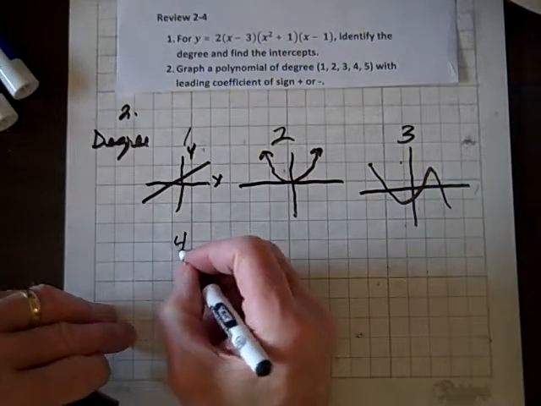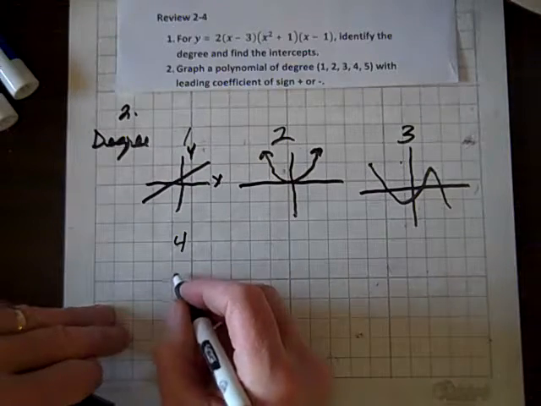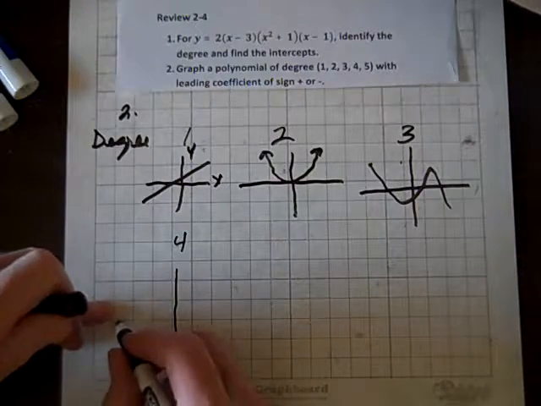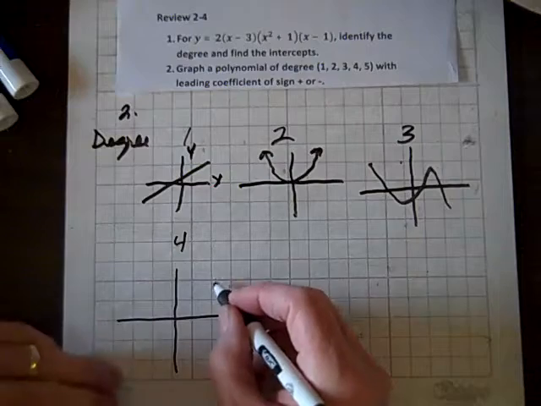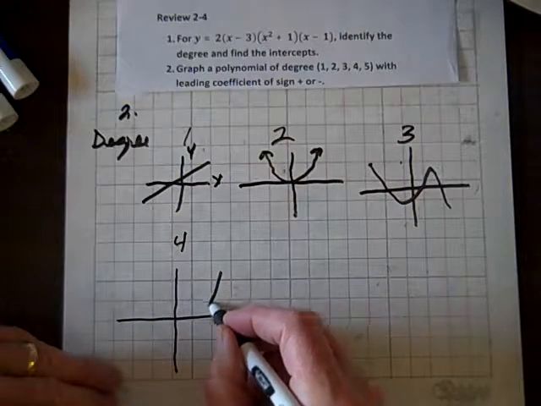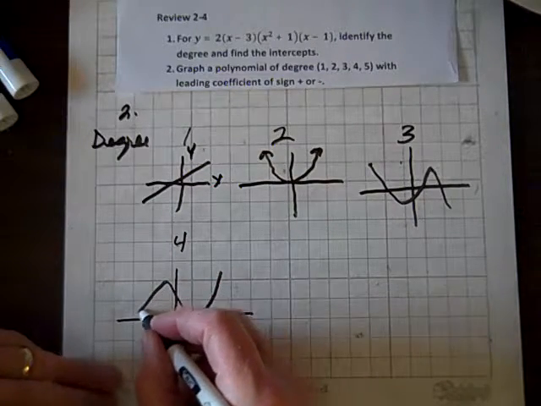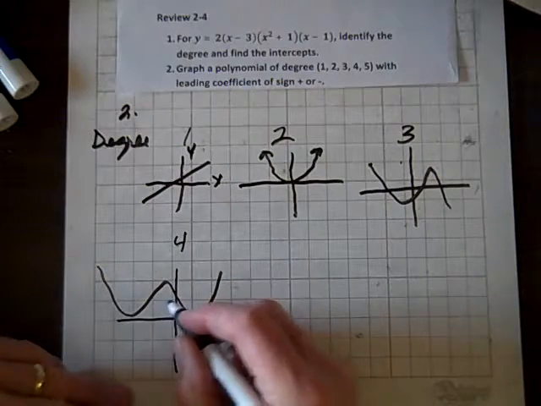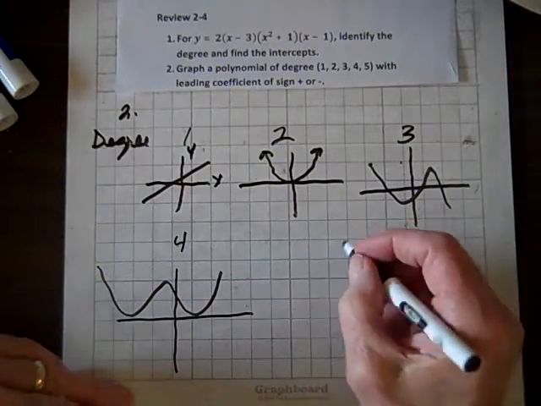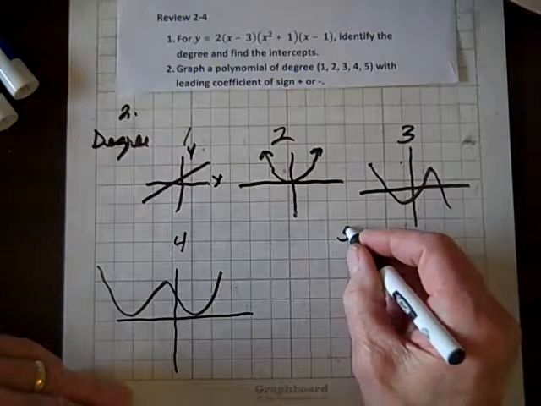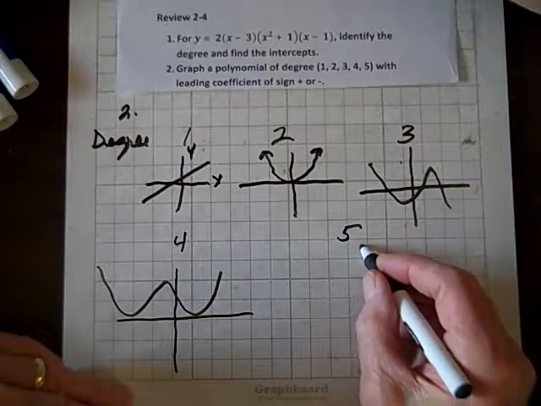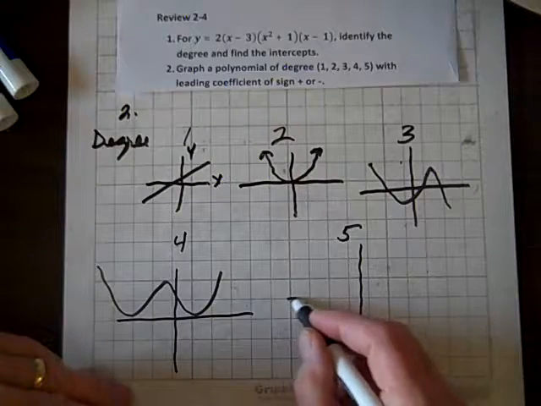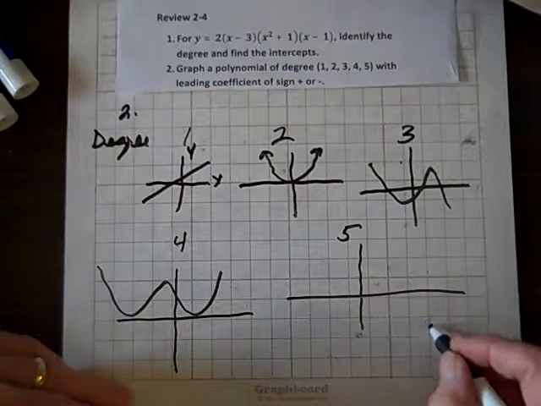For degree 4, an example of degree 4, there's going to be no more than 3 peaks or valleys. And for degree 5, I'll start off on a negative end.